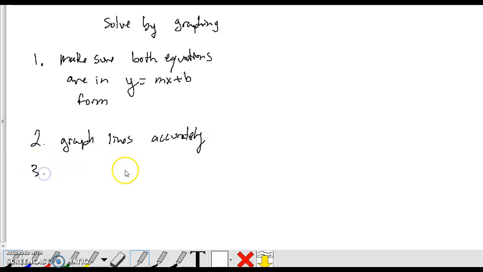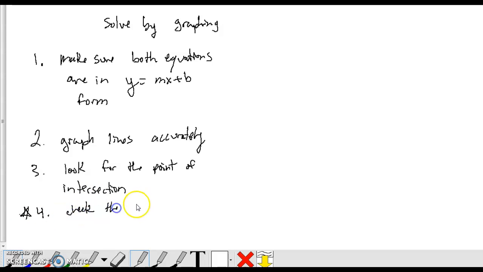Step 3, look for the point of intersection. And then step 4, which is kind of an optional step, so I'll put a little star next to it, is to check the solution in both equations.